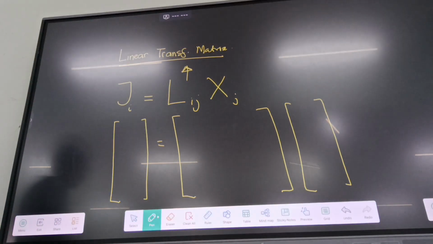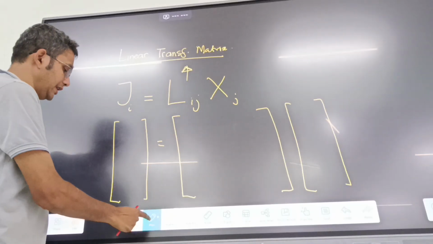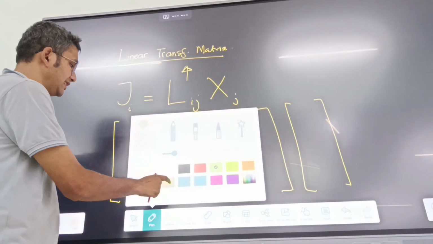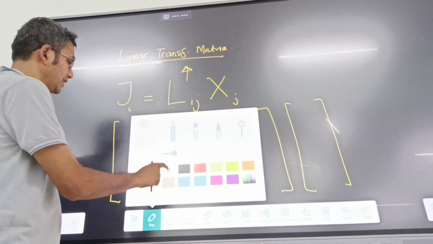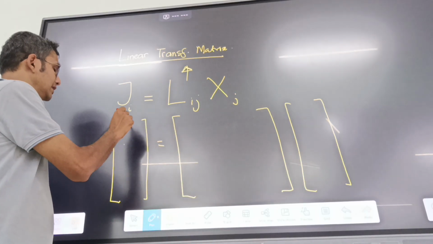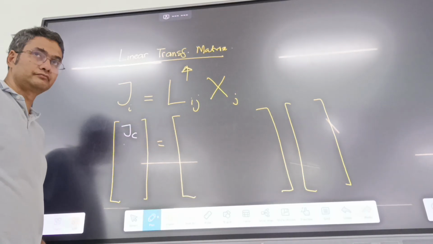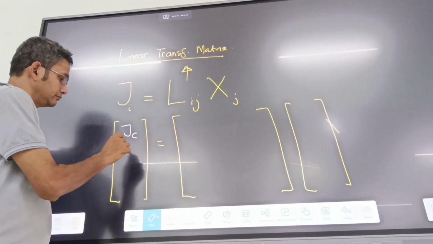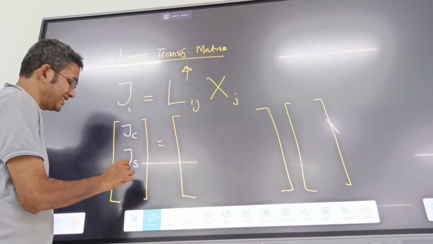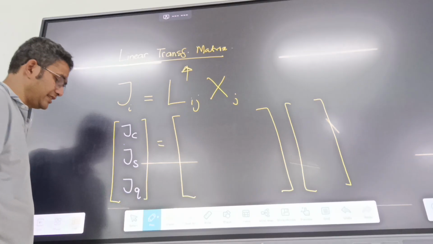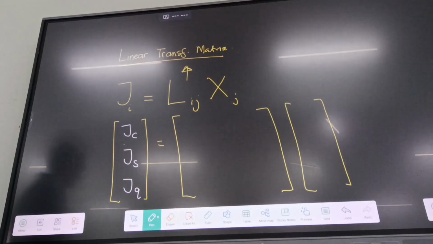Now, what should be the terms? जो left hand side में वो तो very much clear है. There will be the different currents, JC, JS, and JQ, right?